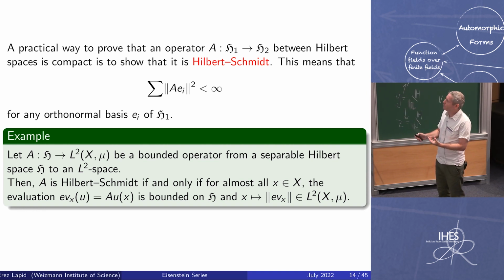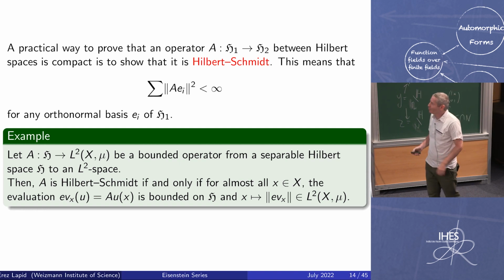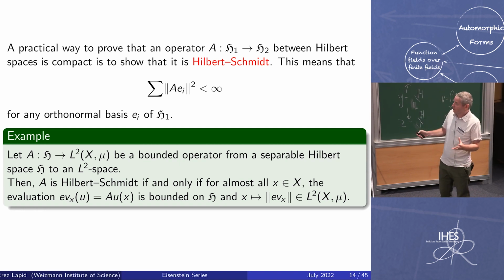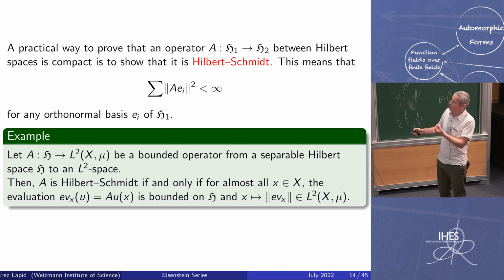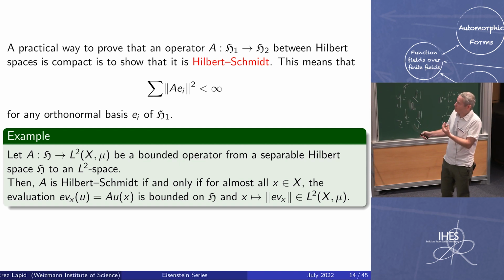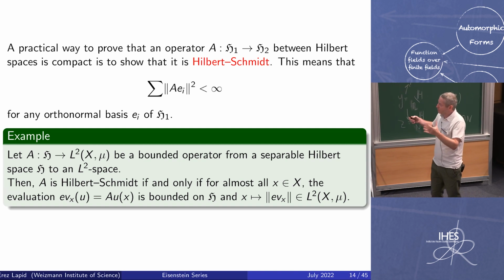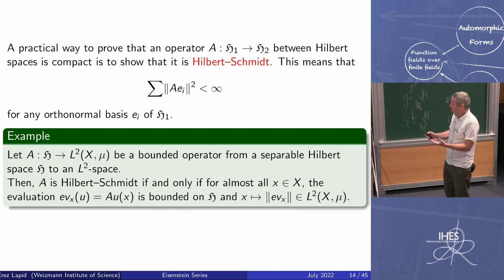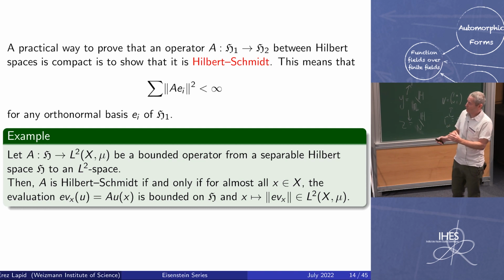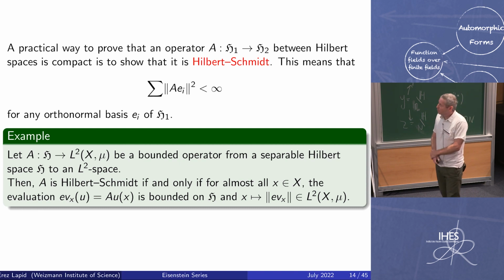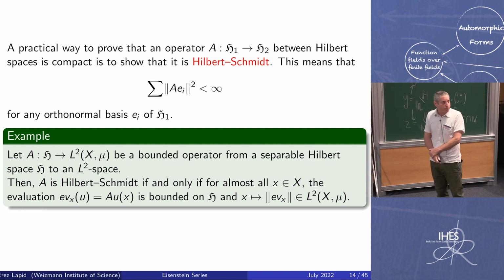In practice, if you have, as in most cases, an operator from, let's say, a Hilbert space to an L2 space, you cannot evaluate this at every point because it's just in L2, but you can evaluate it almost everywhere. If this evaluation is a bounded functional, and the norm of this functional is in L2, this is equivalent to saying that the operator is Hilbert-Schmidt. That gives a practical way to check that an operator is Hilbert-Schmidt and therefore compact.